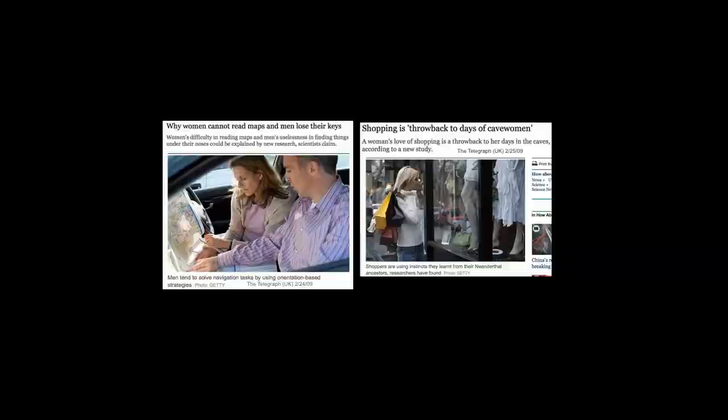My favorite is Shopping Is a Throwback to the Days of Cave Women, and it explained that the reason women like to shop is because while the bold men were out hunting and spearing large animals, women were collecting berries, going through the woods, finding the right twigs to build a fire. So they're doing all this domestic stuff, and that's why women like to shop. That's why men like to watch football, because it reminds us of when we went out with spears and hunted mastodons and so forth.